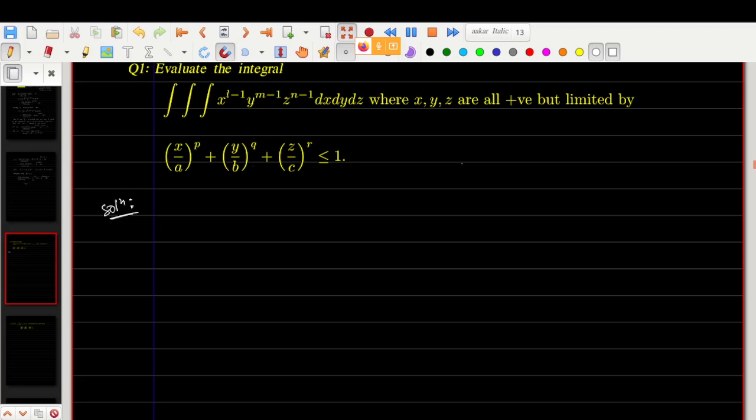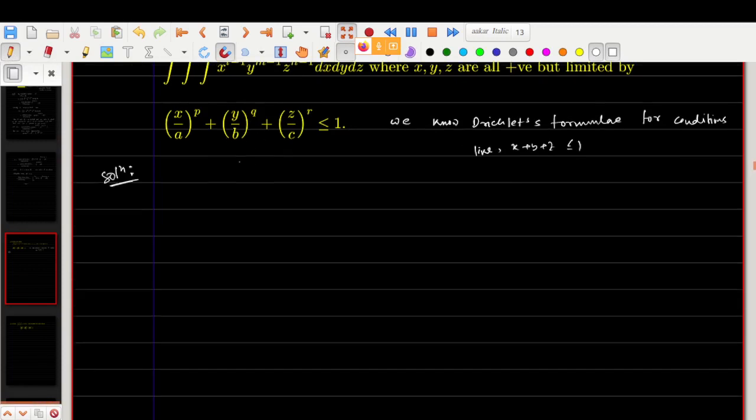But since we know the Dirichlet formula for conditions like x plus y plus z less than or equal to 1, in order to convert this condition, we need to substitute cleverly.